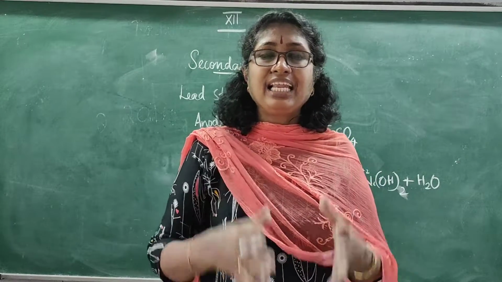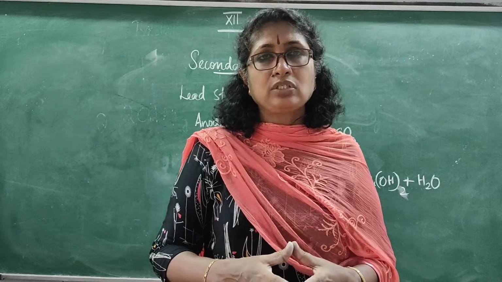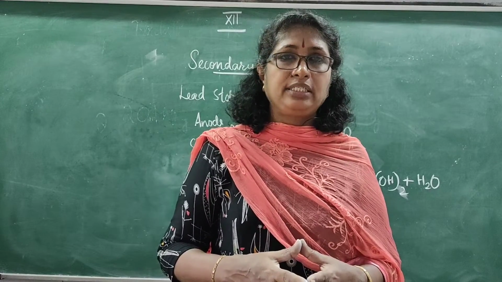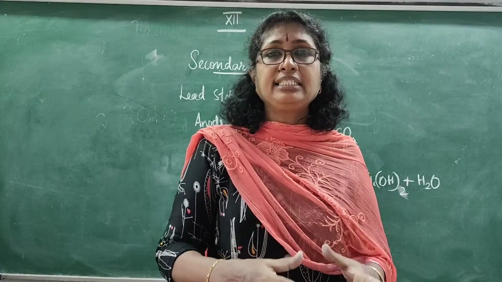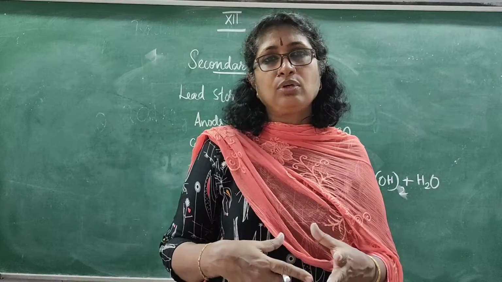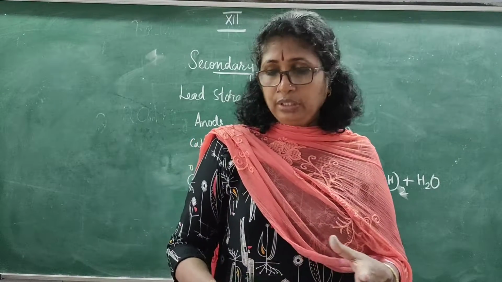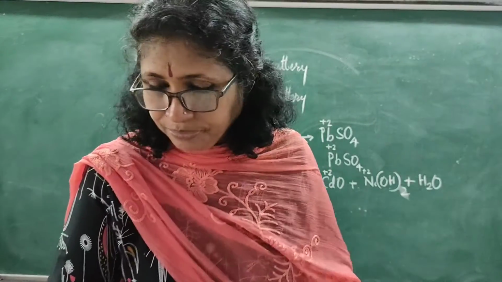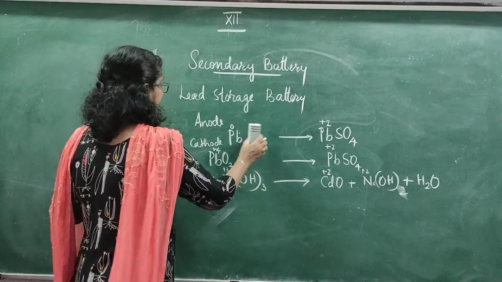And sodium hydroxide or potassium hydroxide is used as the electrolyte. Now what is happening at the anode? At the anode, hydrogen is oxidized to water, and at the cathode what is happening? Oxygen is reduced to the hydroxide ion. So that is happening in the cathode and anode.